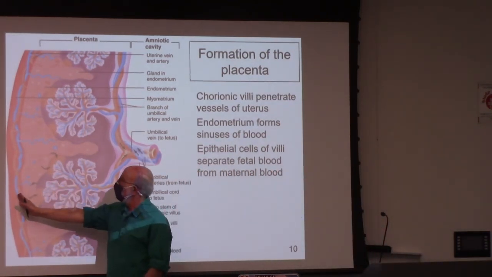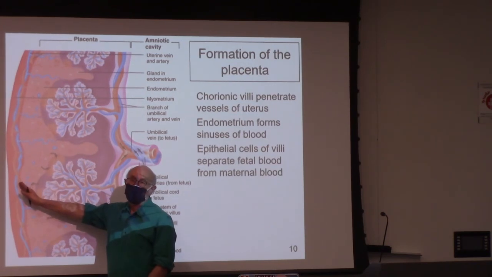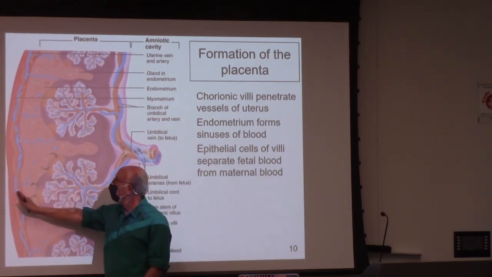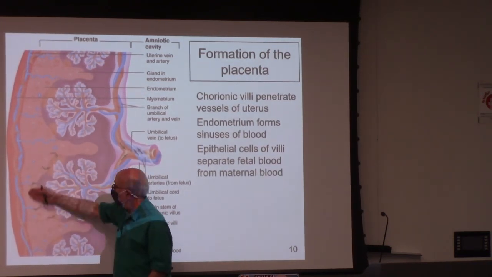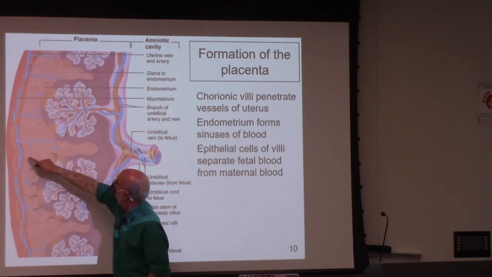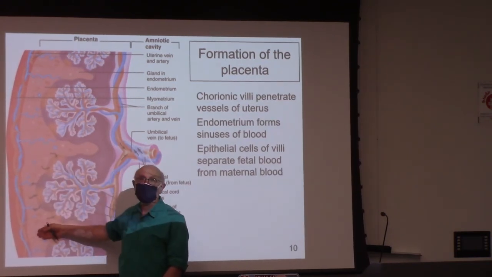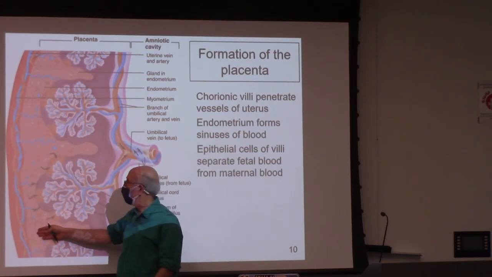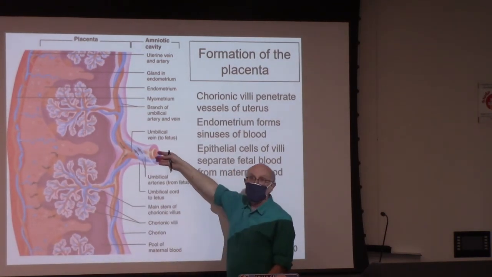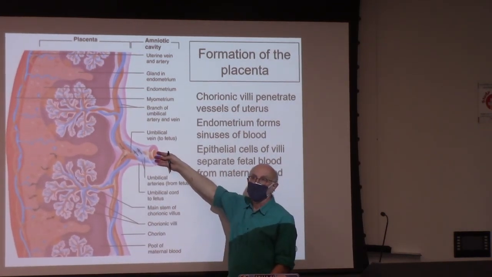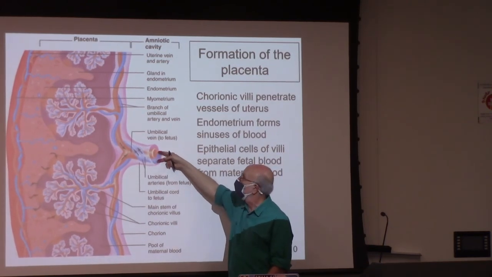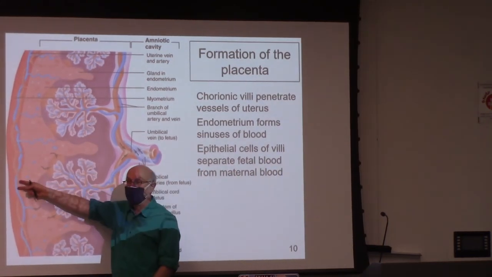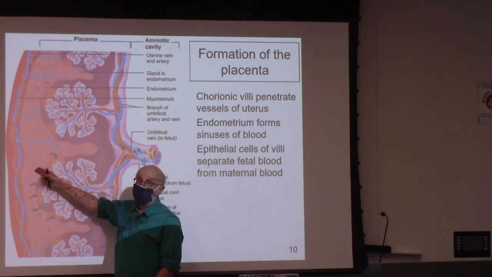Here is maternal circulation. This pink area here with these squiggly lines is supposed to be uterine endometrium. Here's the fetal umbilical cord, umbilicus. This is fetal circulation. So: fetal circulation, maternal circulation, uterine endometrium.